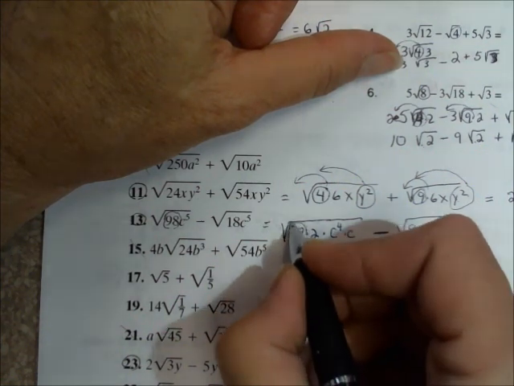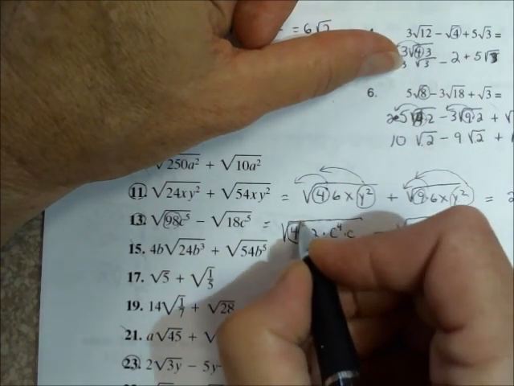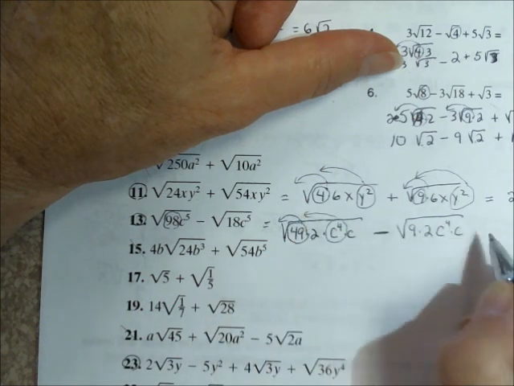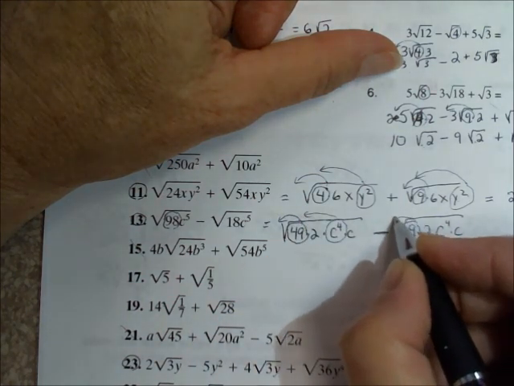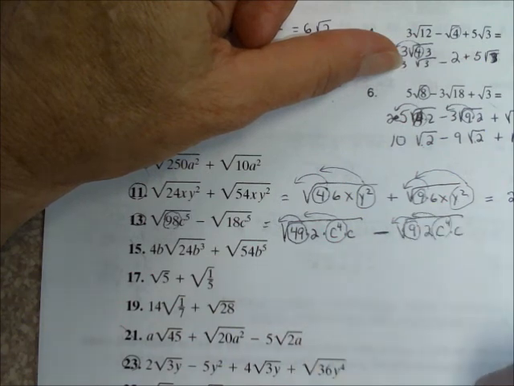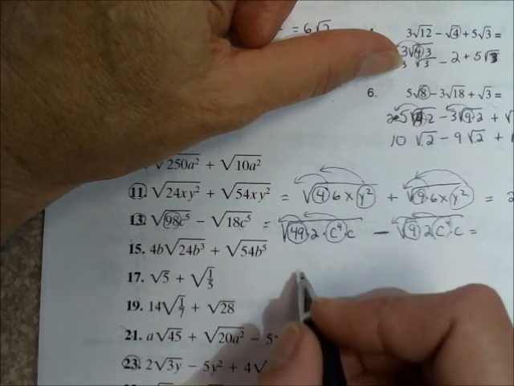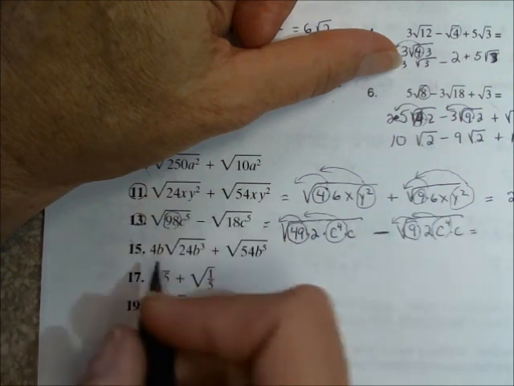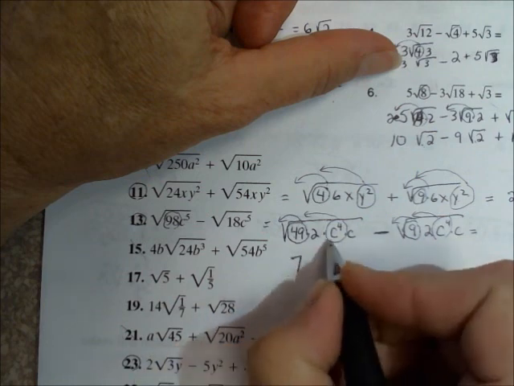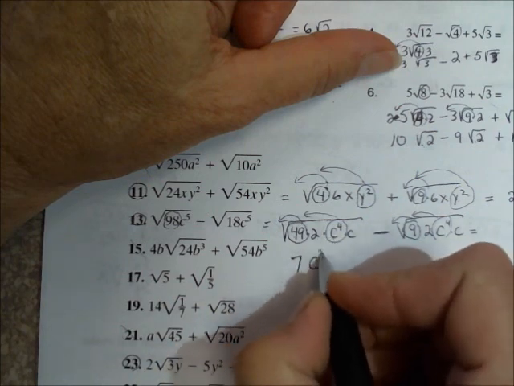Second step is we're going to circle all the perfect squares. 49 is a perfect square. It's coming out. C to the 4th is a perfect square and it's coming out. 9 is going to come out and become a 3. C to the 4th is going to come out and become a c squared. So what we have next, I'm going to write underneath here because I'm not going to do question 15. The square root of 49 is 7. The square root of c to the 4th is c squared.